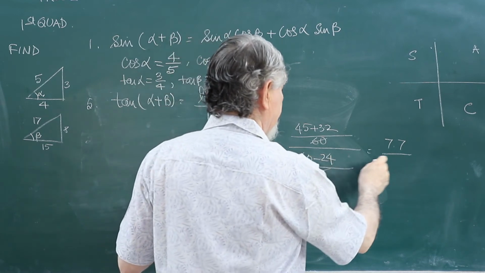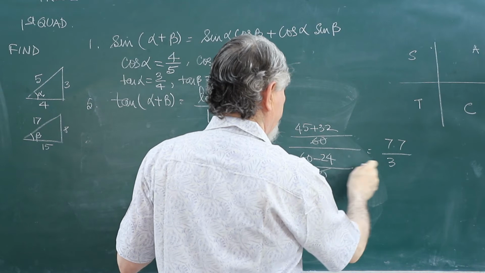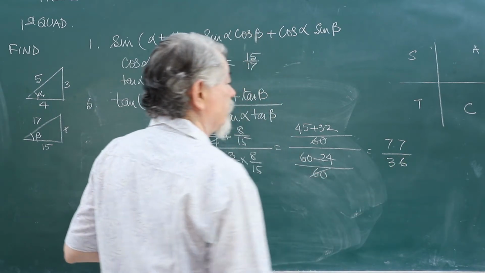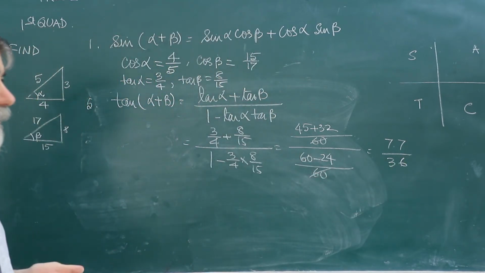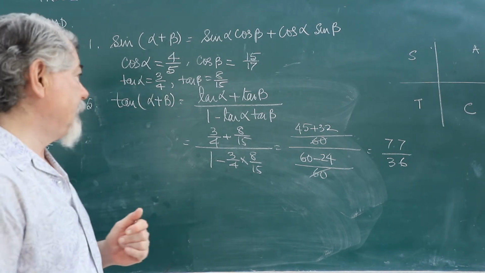It will come out to be 36. 77 upon 36, we can't cancel anything.